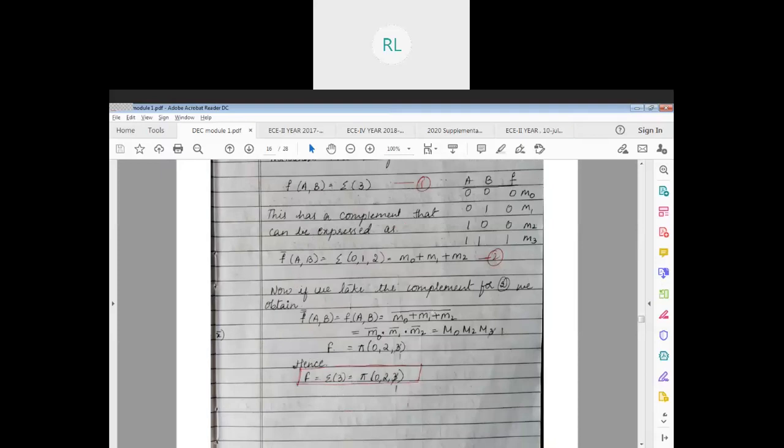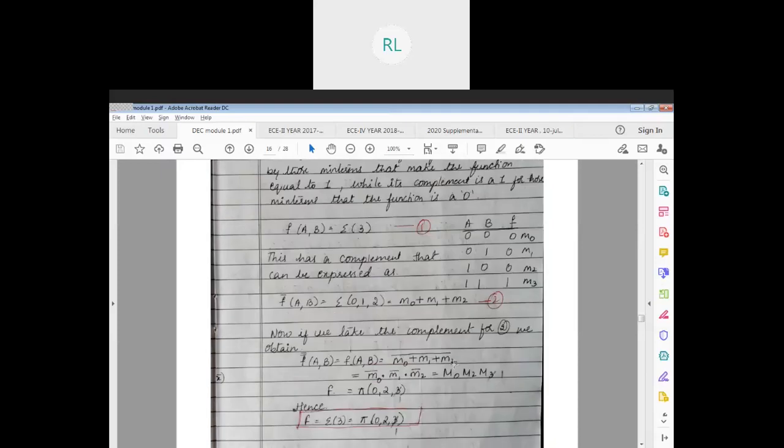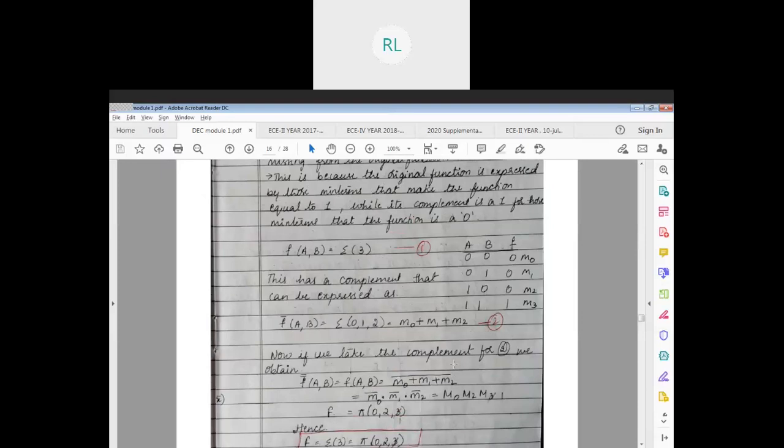I can say that summation 3, which is min term, when I consider only 3, and when I use max term, it's a pi, and I should consider 0, 1 and 2. Any doubts, students? Any doubts? No, sir. Okay, fine.